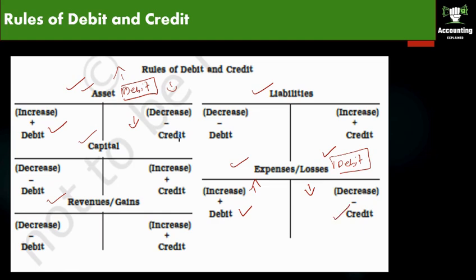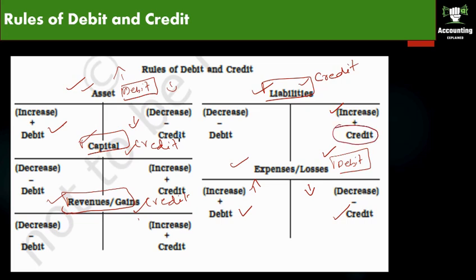Now let us see liabilities, capital, and revenues or gains. All these three accounts have credit balance. So when you are going to increase the liabilities, the capital, the revenue or gains, you are going to increase the credit balance. So it has to be credited, credited, credited.